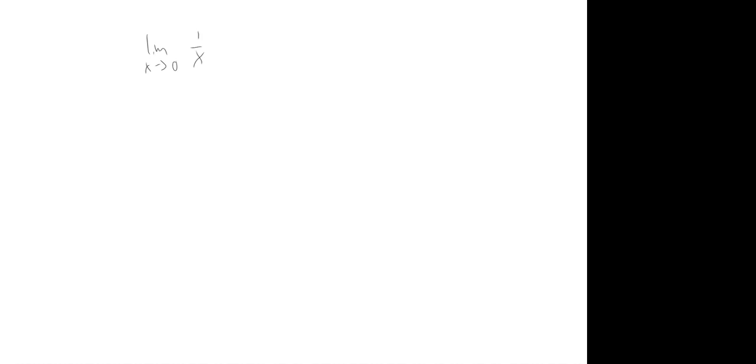So for limits, before I do this, if you're given an equation, like limit x goes to a of f of x, the first thing you do is plug in a, right? If you get a number, done.